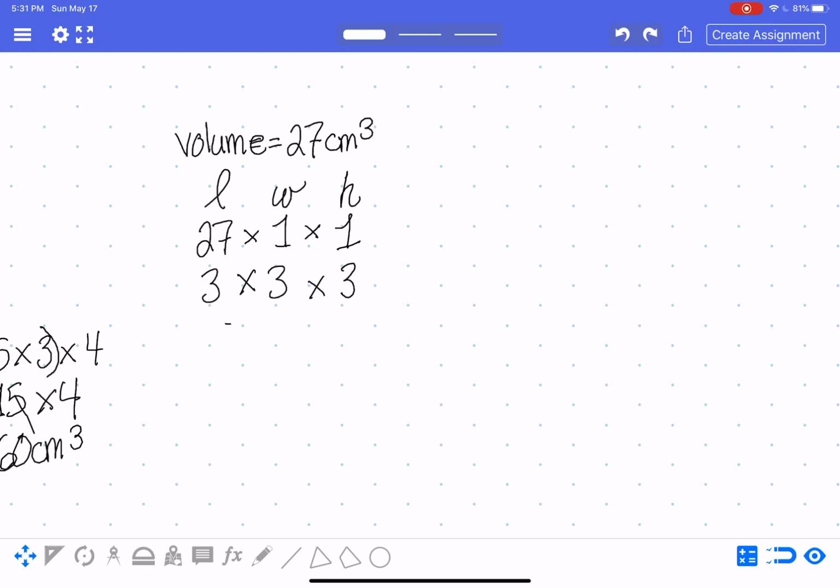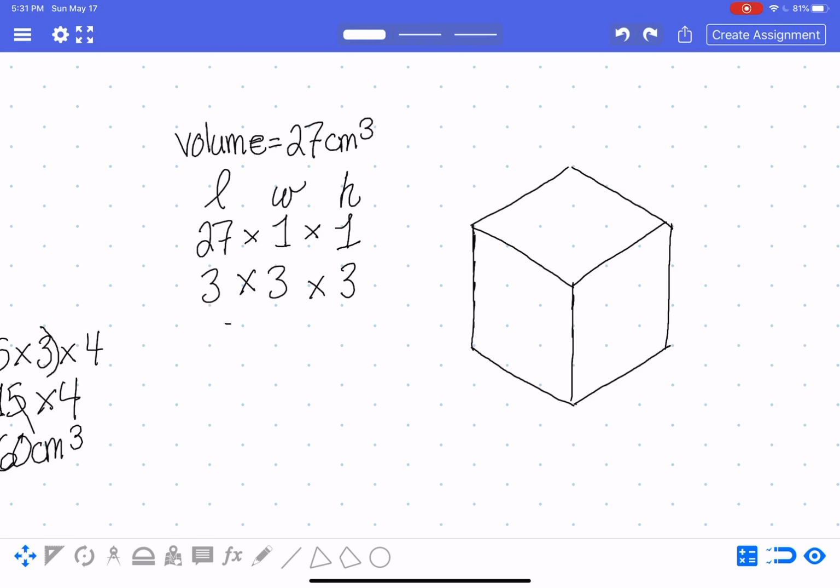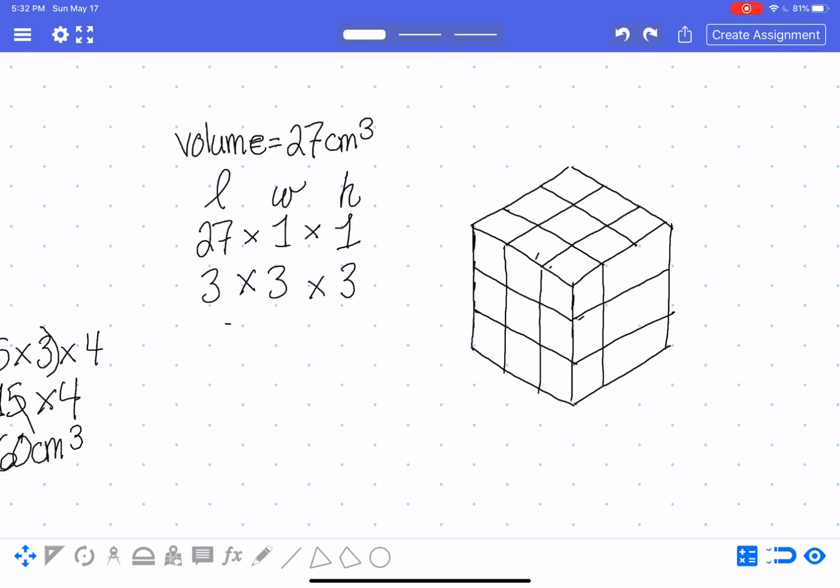So here we go. Here we go. 3 times 3 times 3.